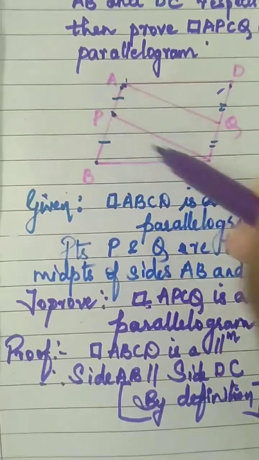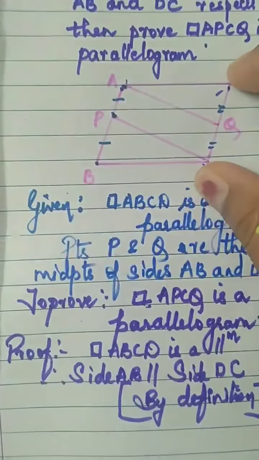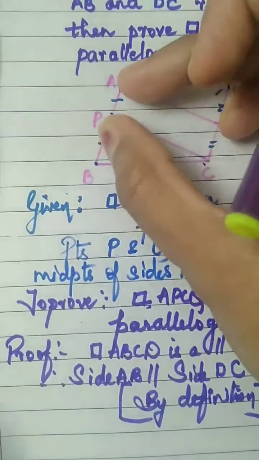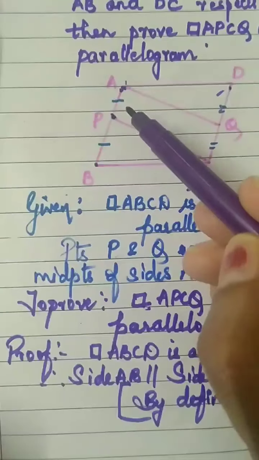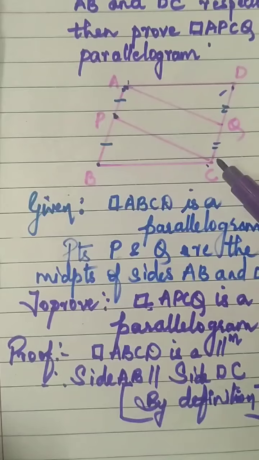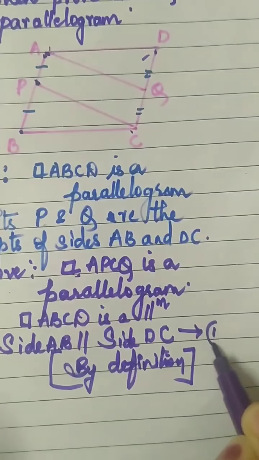We want APCQ to be a parallelogram. So AB is parallel to DC, so that part which we need, we will use. That is AP parallel to QC. Reason you will write A-P-B and D-Q-C. Okay. So this we will give as number 1.